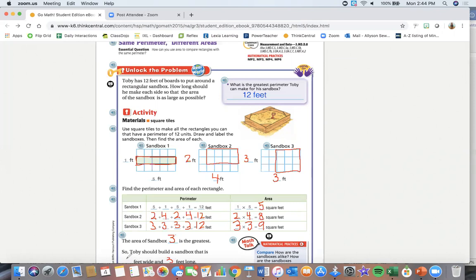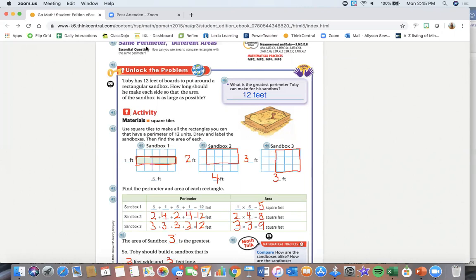Oh, I see here, 3 feet wide and 3 feet long. So we know that all 3 rectangles have a perimeter of 12 feet. They have different side lengths and different areas.